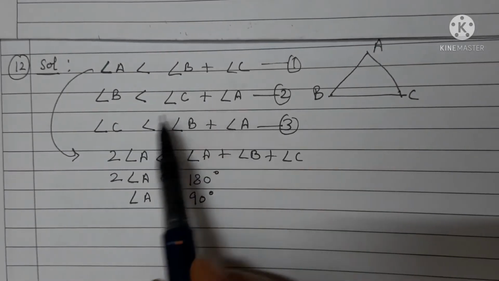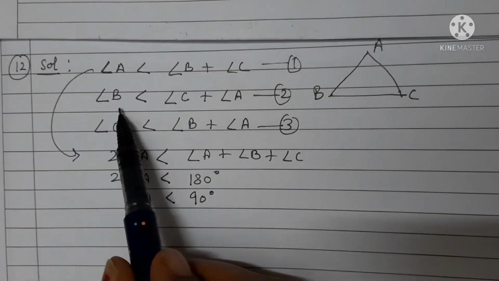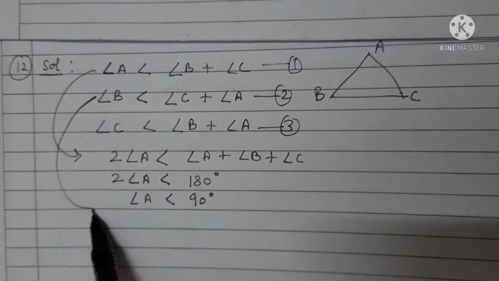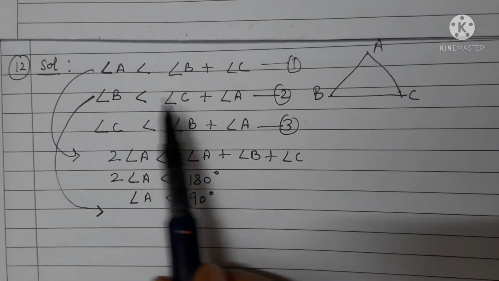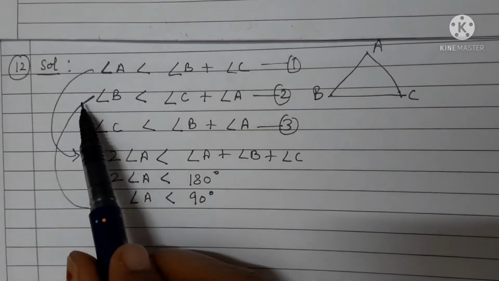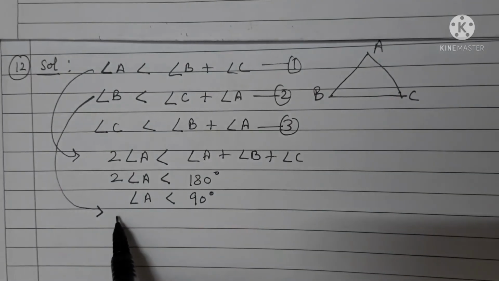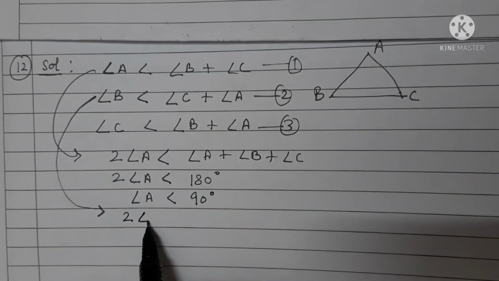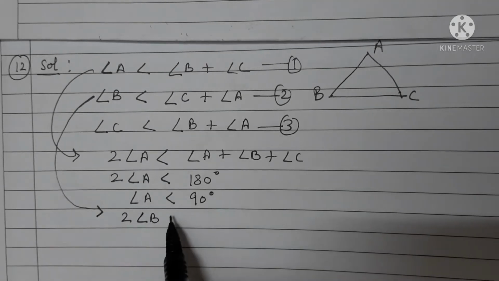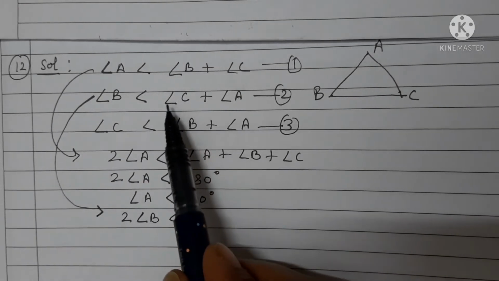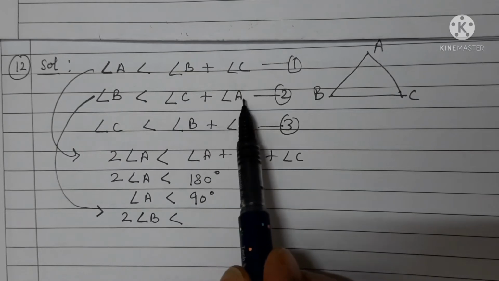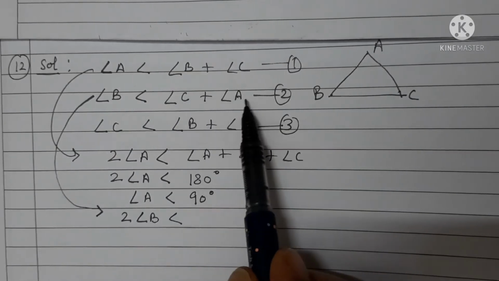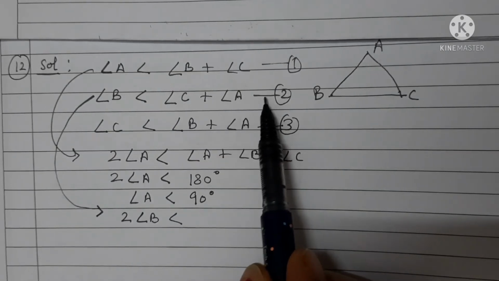Same for B. Here this will be like this, adding B on both sides. So this becomes angle B plus angle B, 2 angle B. 2 times angle B is less than, here angle B plus angle C plus angle A, the sum of three angles will be 180 degrees.